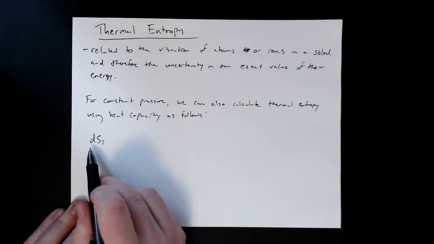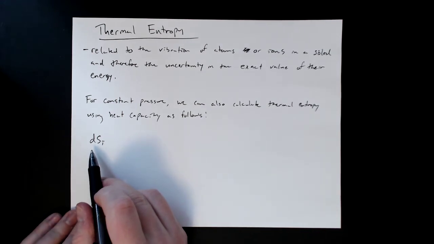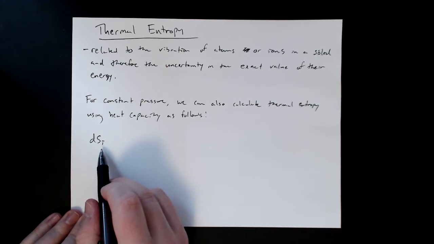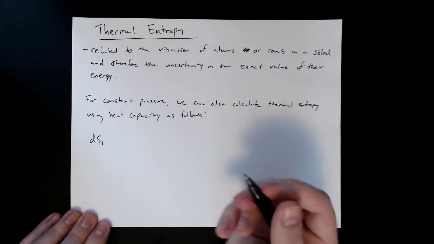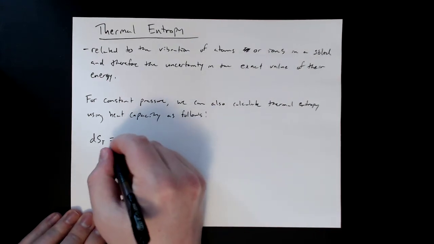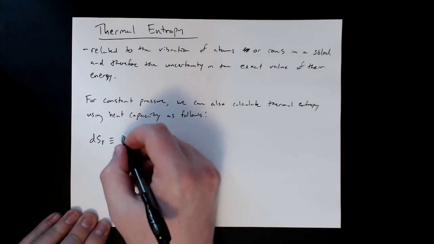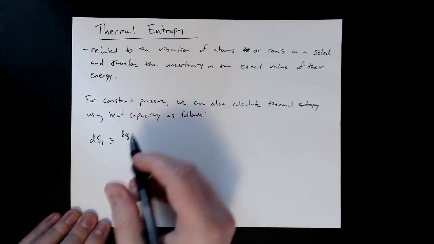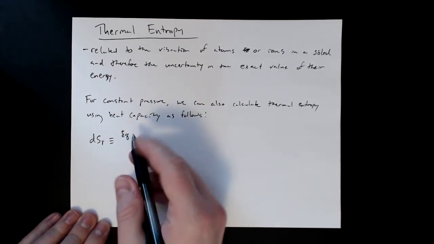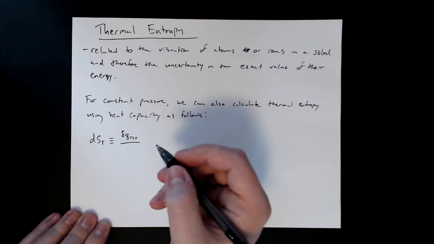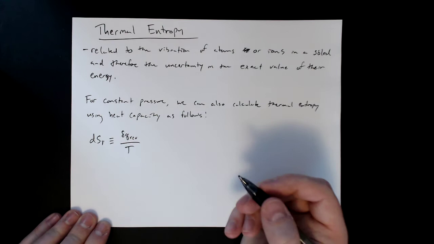So here again, we're using the d for the differential value, so a small increment of entropy change. In this case, this subscript T for thermal. And we define this, so equal sign plus an extra one, as that quantity of heat, so small delta Q, and then it's reversible heat, and then that's divided by T, right?